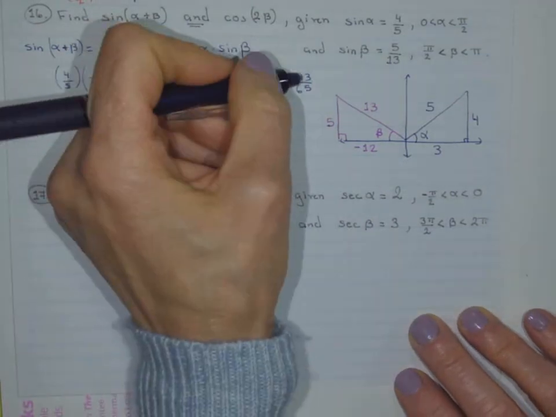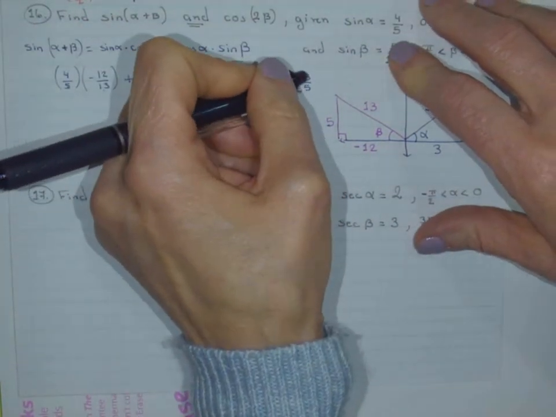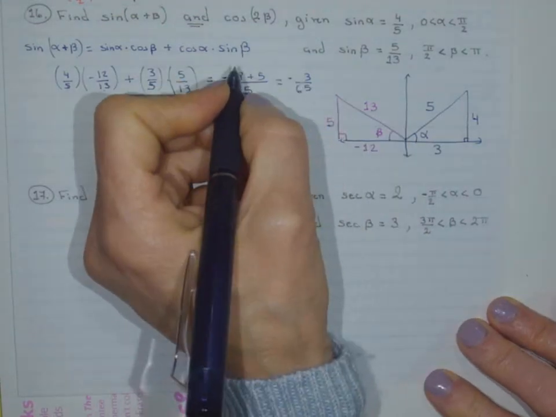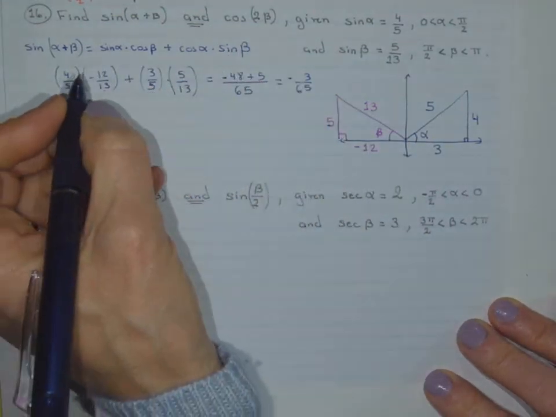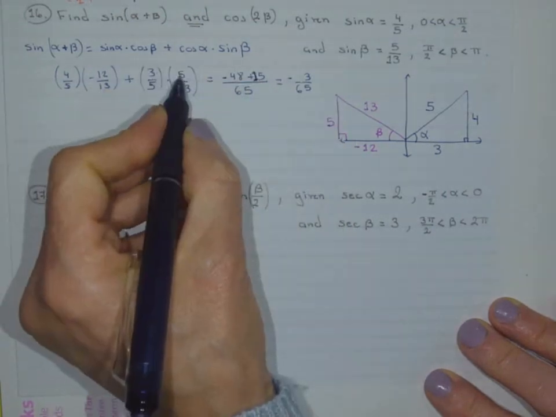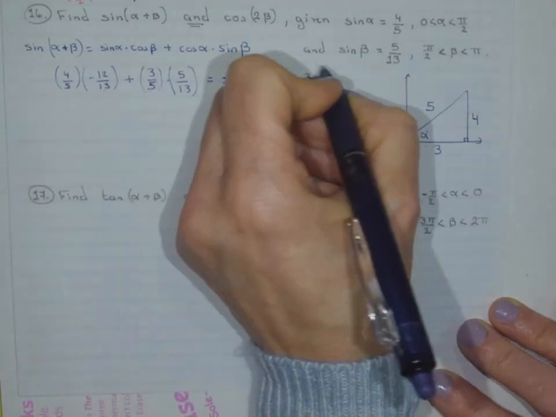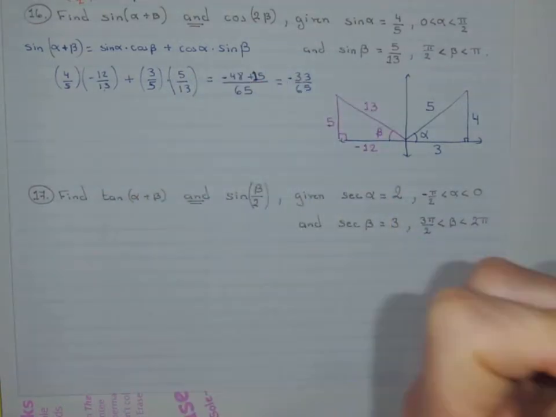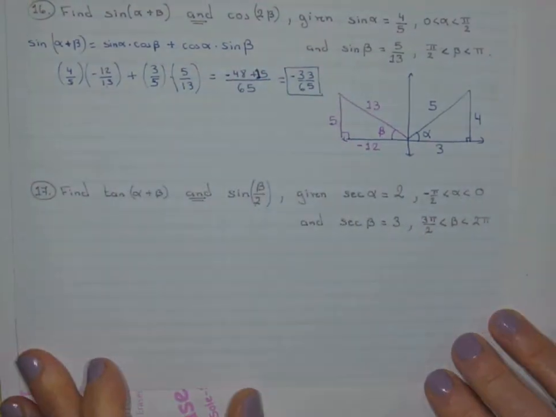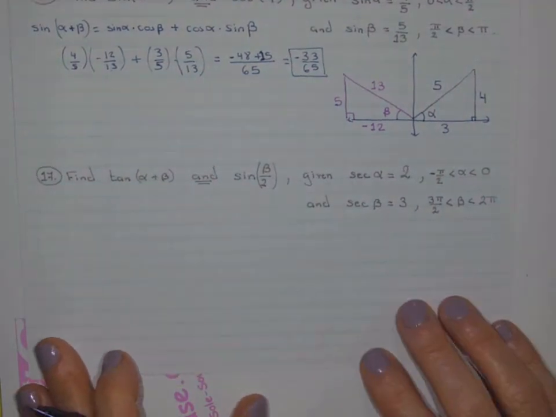Sorry, I first said negative 43, but that should be 33. I subtracted the 5 and forgot the 15. That's my mistake, right? 3 times 5 is 15. Sorry about that. I'm sure you caught it while I was writing, right? I hope you did. And if you didn't, make sure you see where that came from.